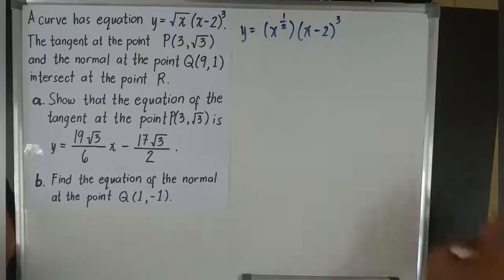So it means you are multiplying two functions. Thus, you will be using your product rule.